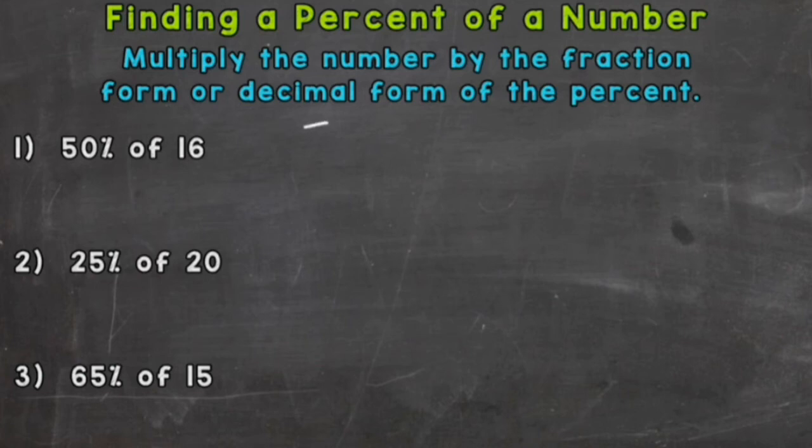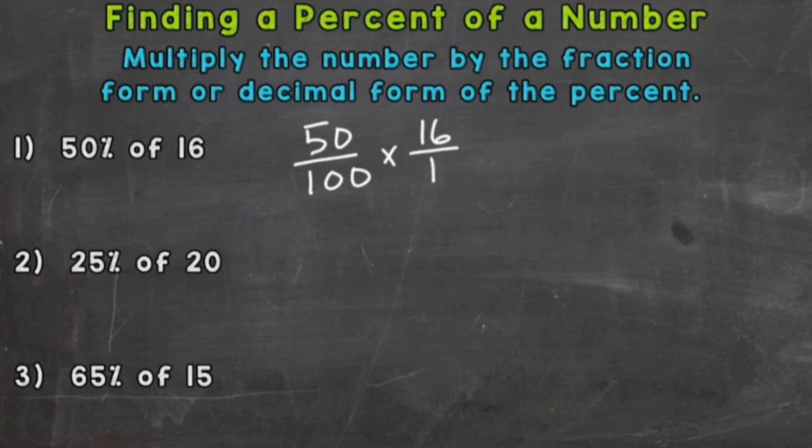Well, 50% simply means 50 over 100. And recall that of means times. So it means 50 over 100 times 16, which is 50 over 100 times 16 over 1.